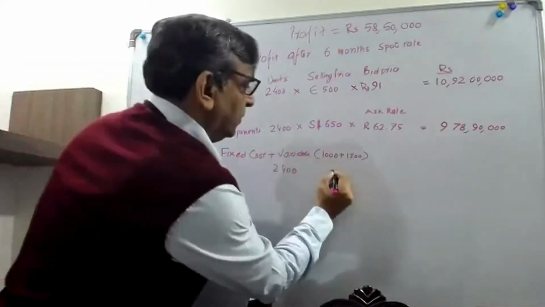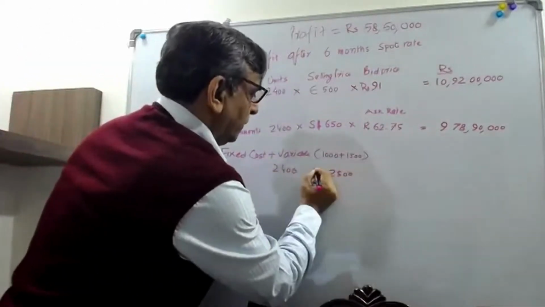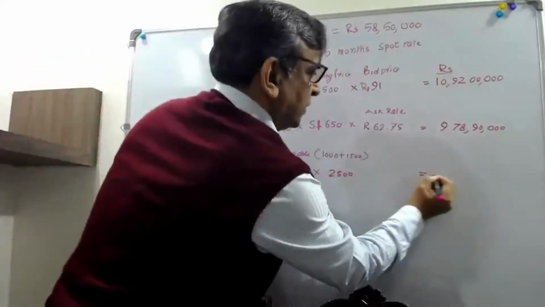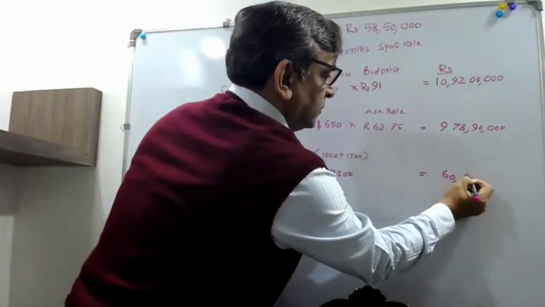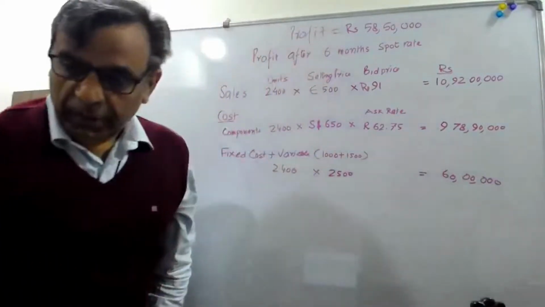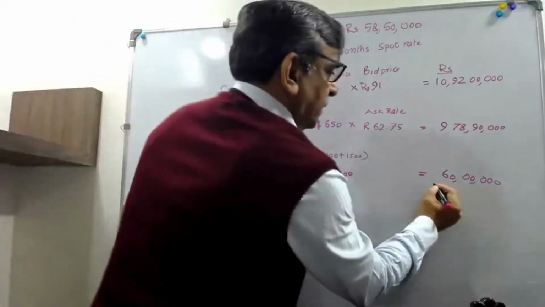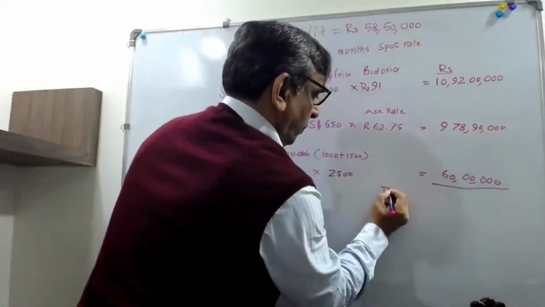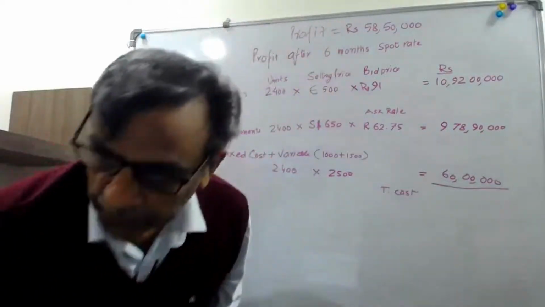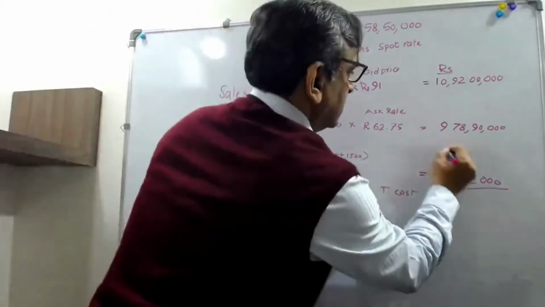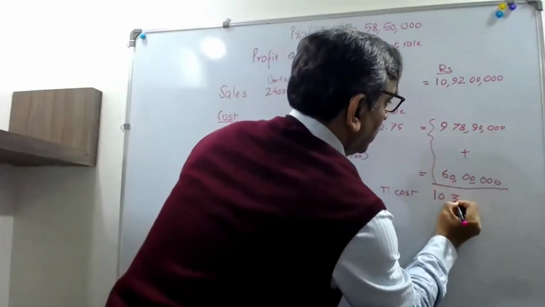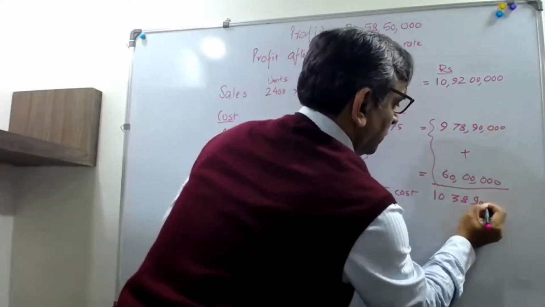So altogether the cost will be 2,500. We multiply this and get the total cost, which is 60 lakhs. Then we arrive at the total cost. So this plus this would be 10 crore 38 lakhs 90,000.